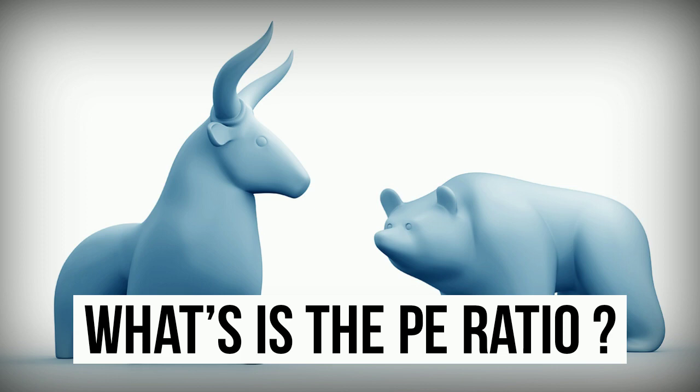What is PE ratio? We can easily judge a company, whether it's overvalued or undervalued, whether it has a strong balance sheet. The ratio is simple and easy to calculate. You can easily get the calculated PE ratio at any financial site. There are two ways to calculate PE ratio: trailing and forward.